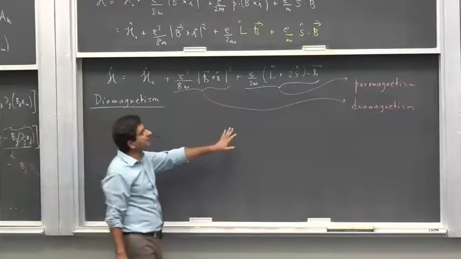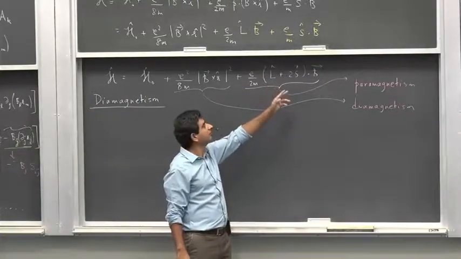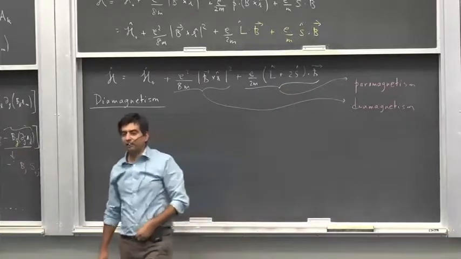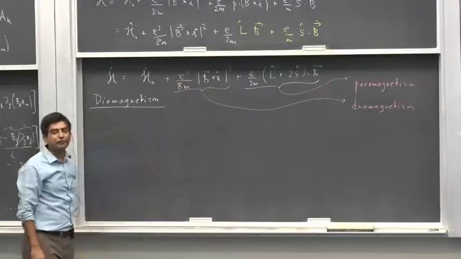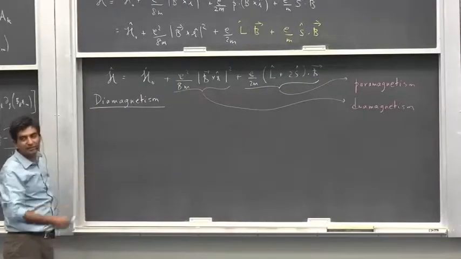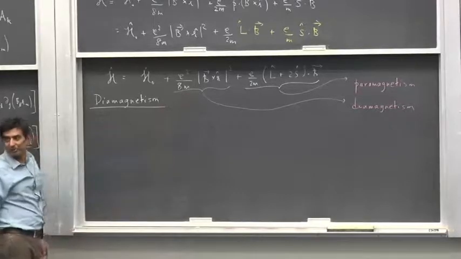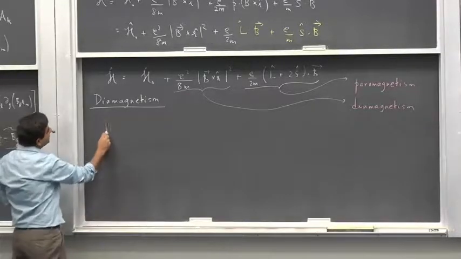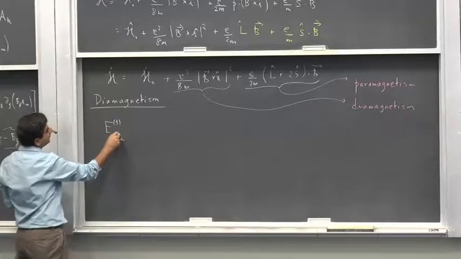Suppose the paramagnetic effect is not there because L is 0. For a single electron, we cannot switch S on and off, but let's look at purely this effect. We would like to find the corrections to the energy due to this perturbative Hamiltonian using first order perturbation theory.